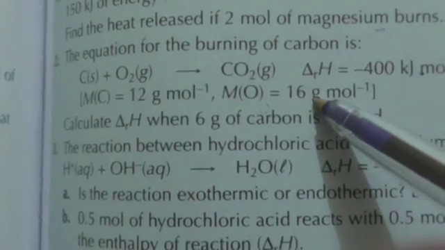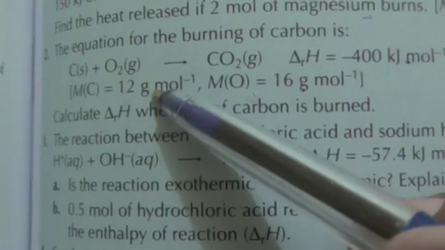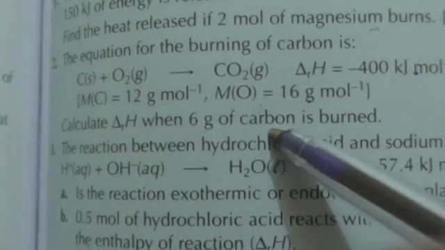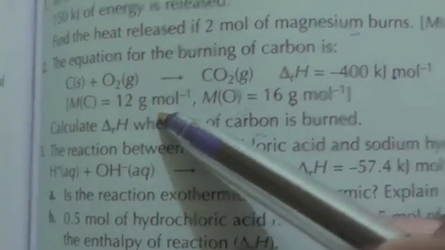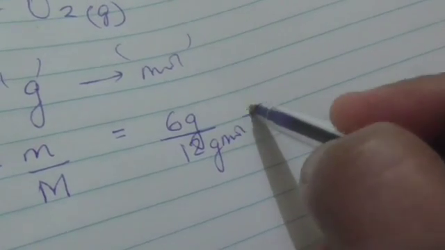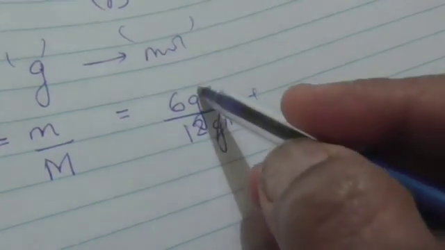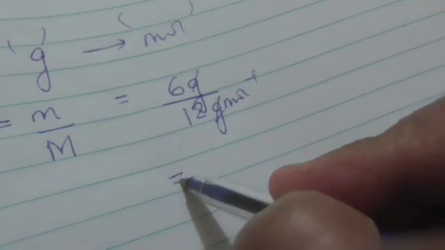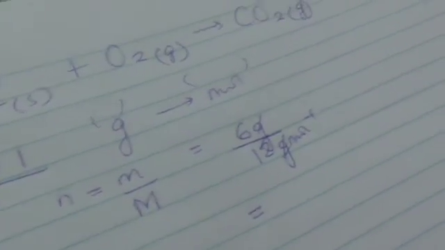That's probably just to confuse you, because the question is about carbon burning. So I pick up the molar mass of carbon, and it is 12 grams per mole. So just be careful when you're selecting data that's given to you in the question. They may just put in some things there to confuse you.